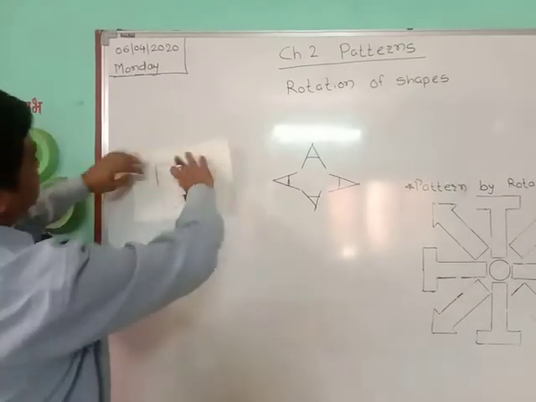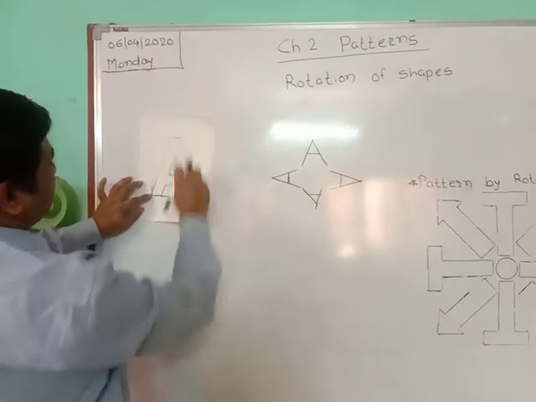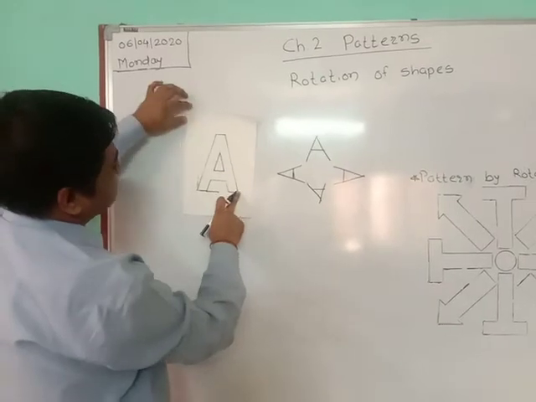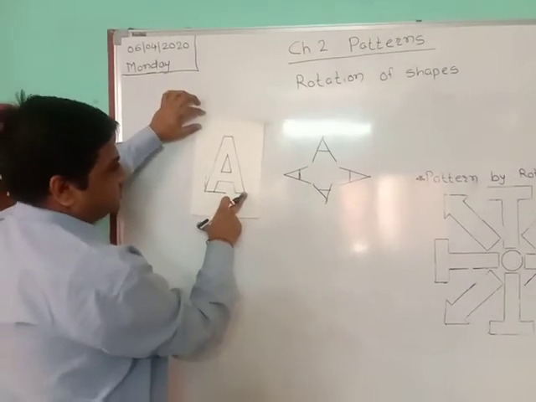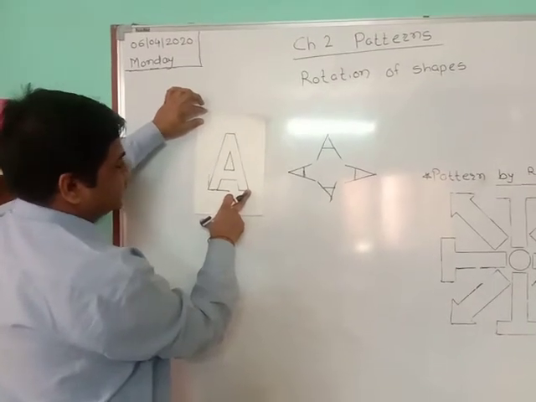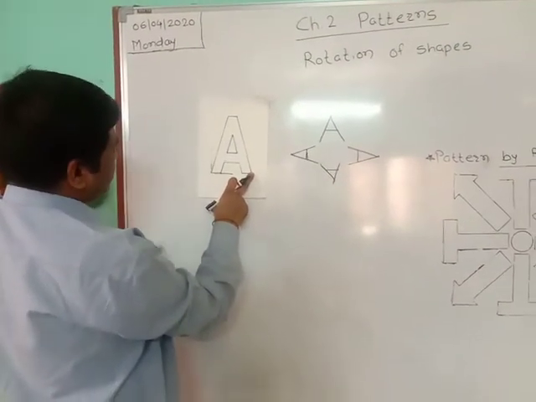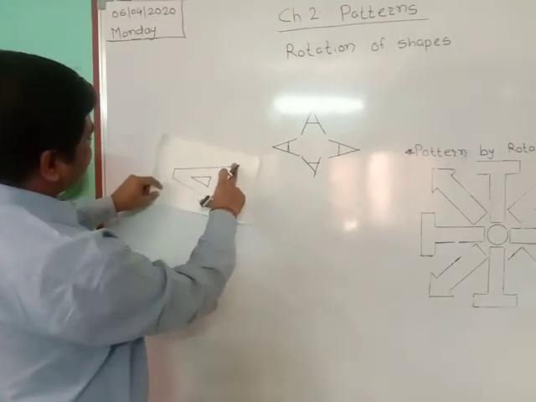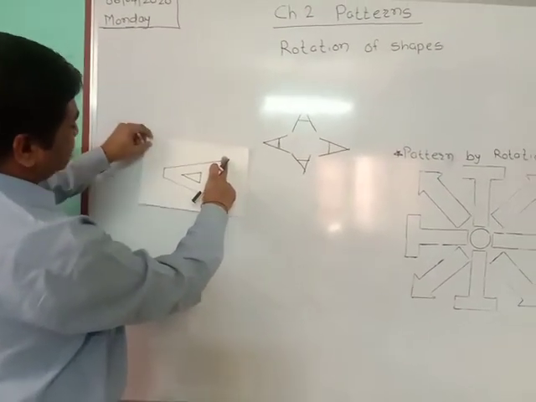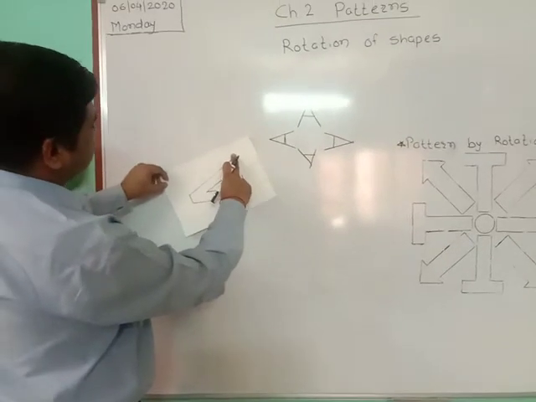If I say turn A in the anti-clockwise direction, now I will take this as the point of rotation, through 1/3 of a turn. So from 12, I am going to 8 o'clock. This will be 9, and below that it will be 8.